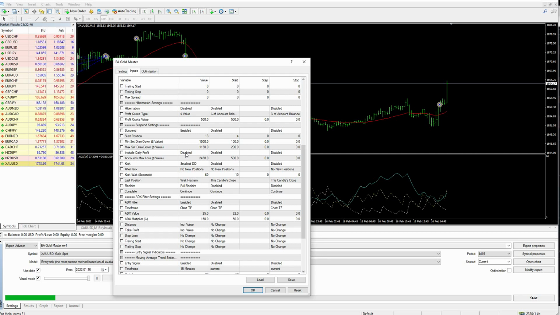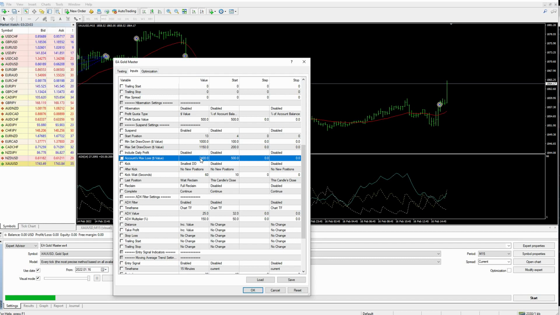So do you want to include it? If yes, then it will account for the profit you have for the day. If not, then no. Okay, so max account loss, 2450. Remember for 25k it is 2500. You may want to set this to 2400 also, so that it's safer basically.